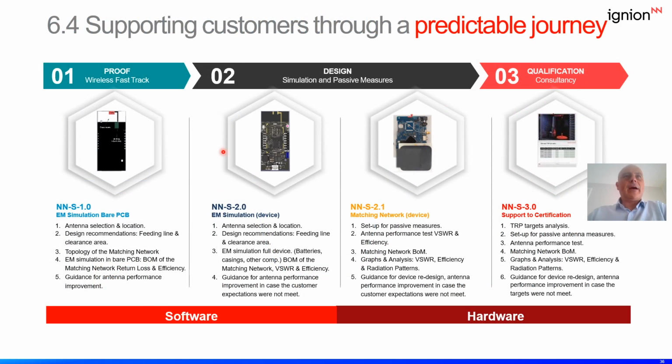At Ignion, we have several services that can assist you in accelerating your time to market. The first one is in the conception phase, which is the fast track service.